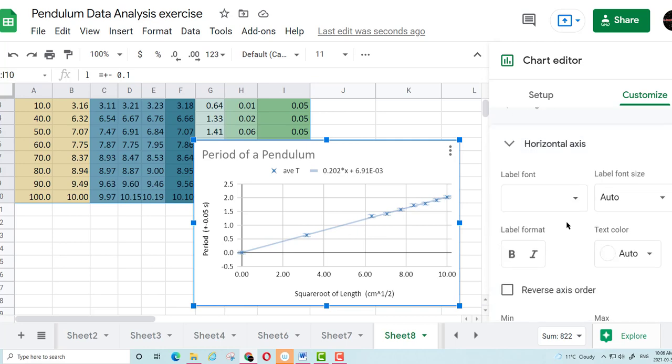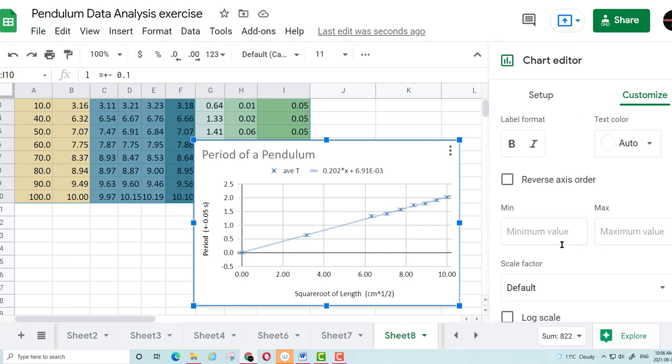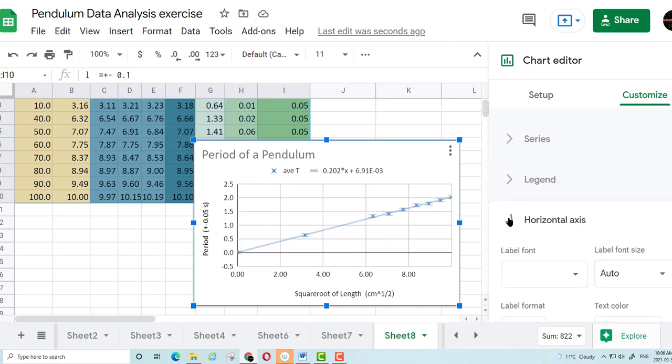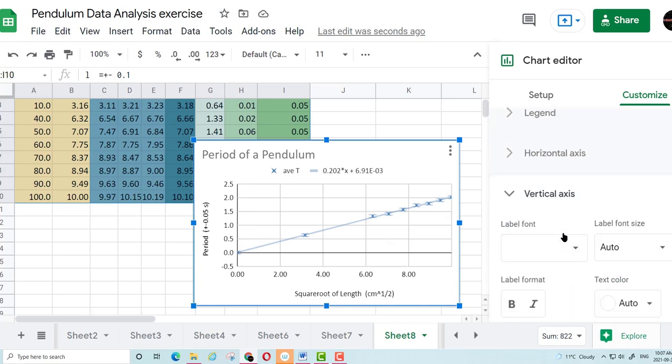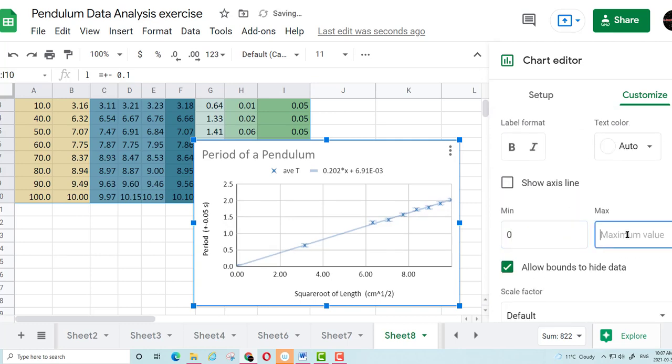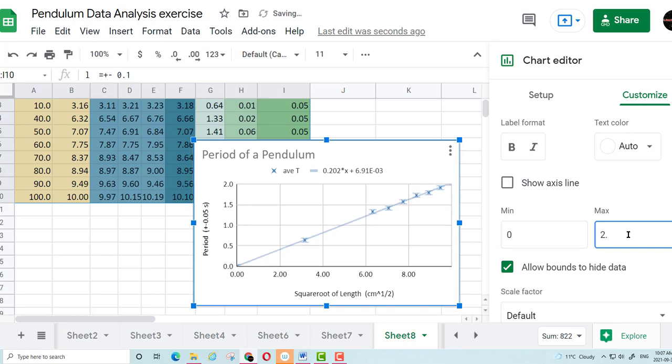Horizontal axis, I'd like to go from 0 to 10, which is fine, what they've done. Vertical axis, I'd like to go from 0 to 2.5 would be fine.